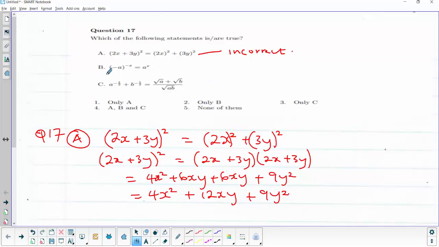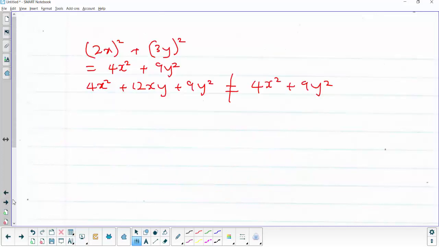So we need to consider B now. Option B is given as minus a raised to power minus x. We want to prove that it is equal to a raised to power x. But we have to rewrite this one. This is the same thing as 1 over minus a raised to power x.